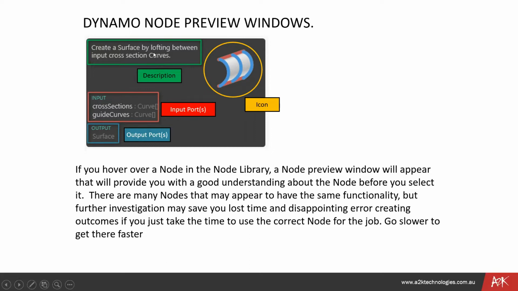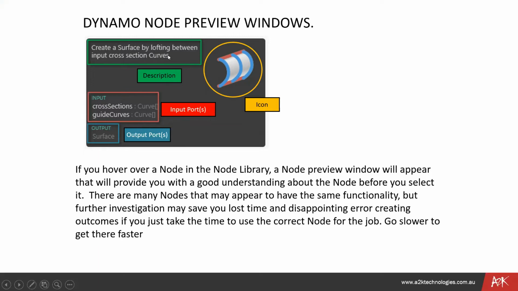Now, the description is important, and whoever writes the nodes, you can create your own node, you should always try and be very descriptive about what it does. There are commonly very subtle differences where you might have create a surface by lofting, or you might have create surfaces, both of which will be fundamentally different and have fundamentally different outputs.